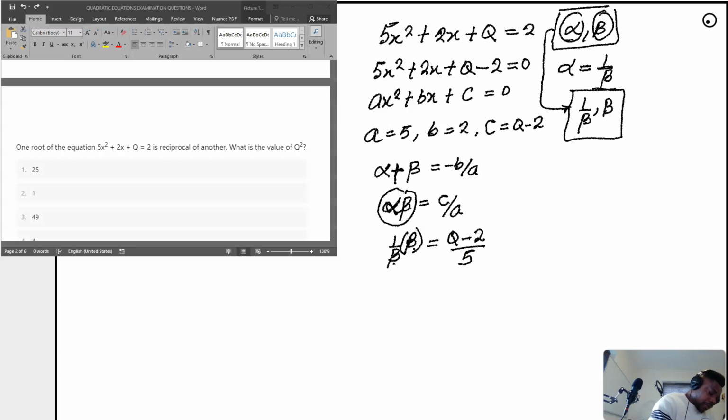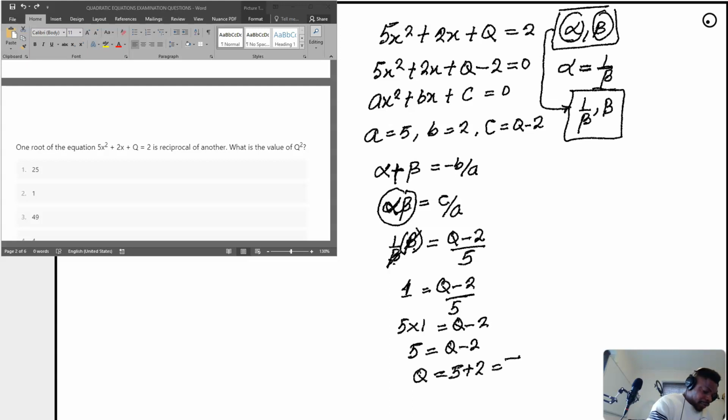Okay, alpha beta, we cancel this beta, so we have only 1 here. So q minus 2 over 5. So this will be 5 times 1 is equal to q minus 2. So 5 is equal to q minus 2. So my q is 5 plus 2, which is 7.